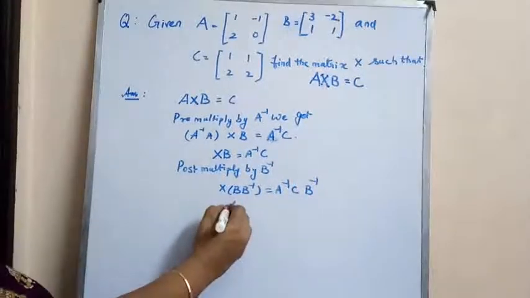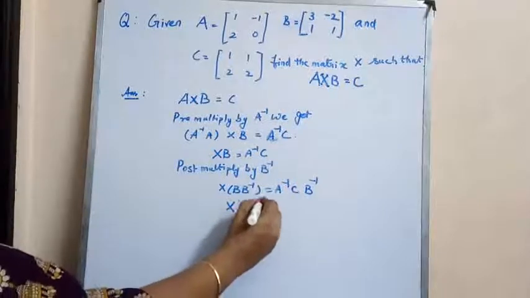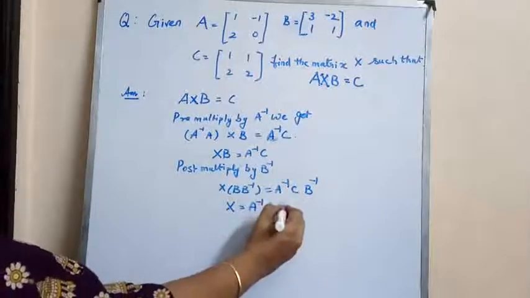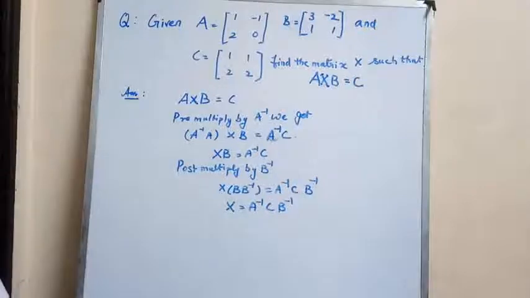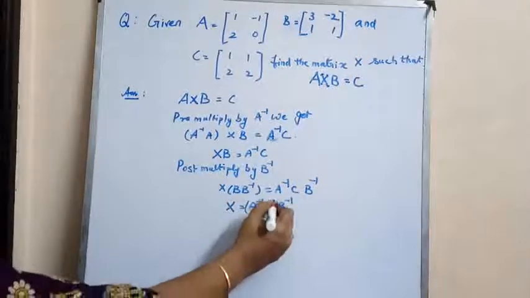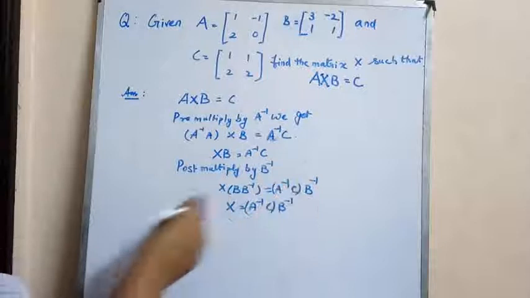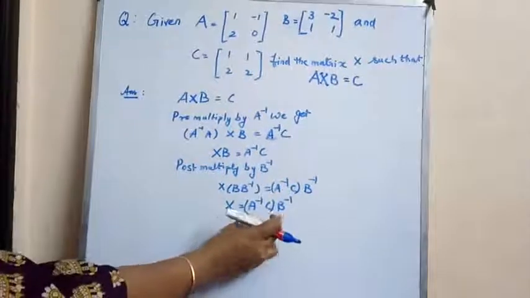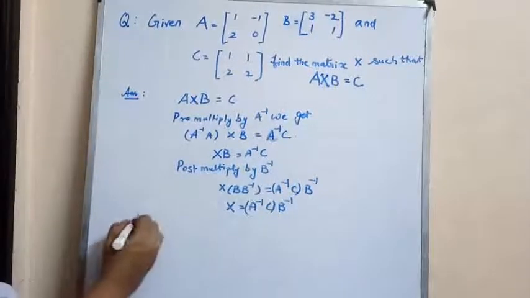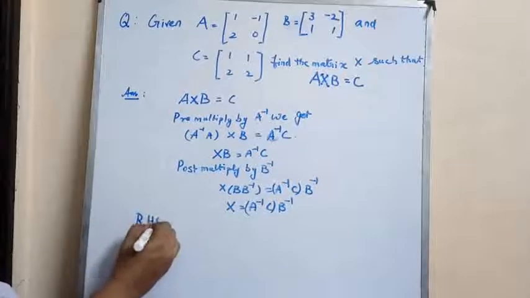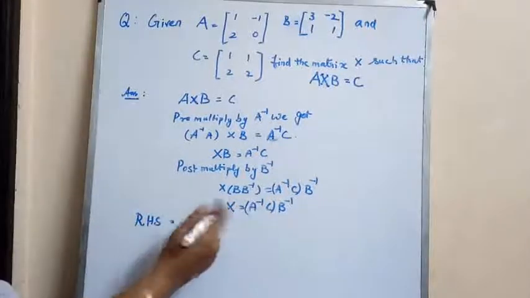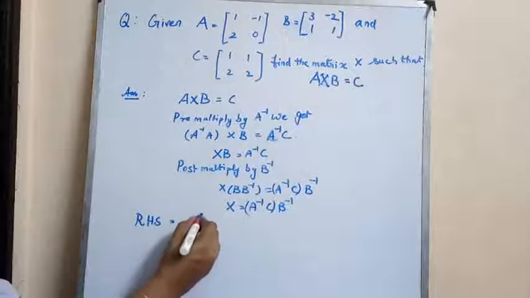So X will be A inverse C into B inverse. So this is what we have to find. So consider RHS. So first we'll find A inverse C.